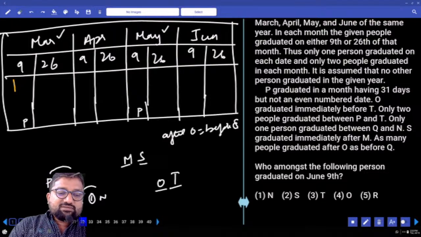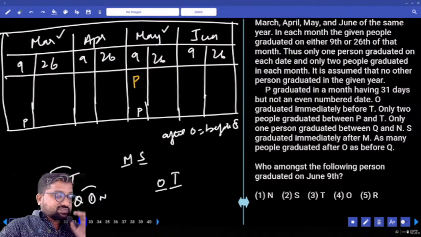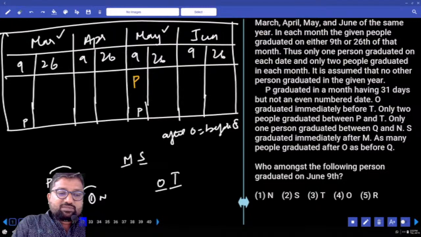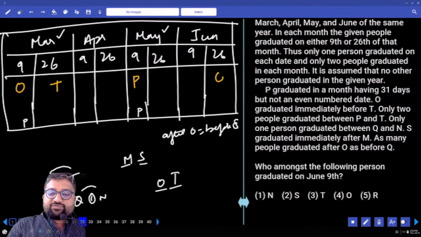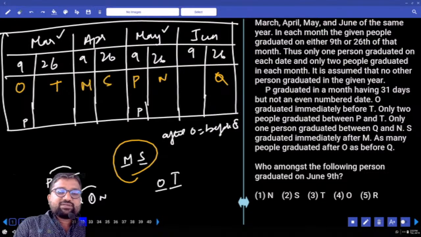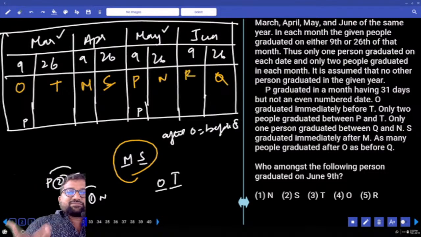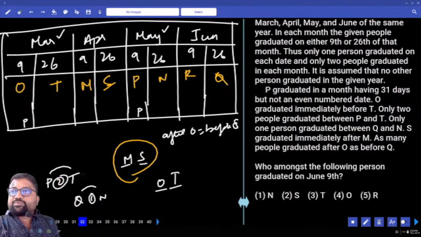So pakka P. How many persons between P and T? 2 persons. Immediately before T, O. Before O, after Q. 1 person between Q and N. M and S. Who is left out? Chapandamma. Done. Typing an answer. Rakapoyi unte still there is a possibility.